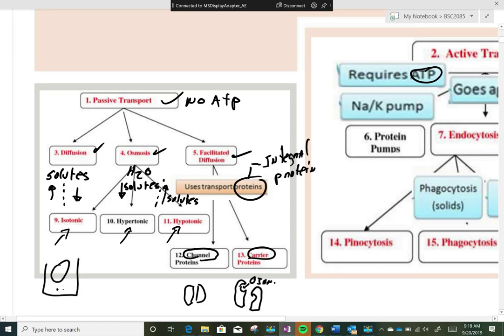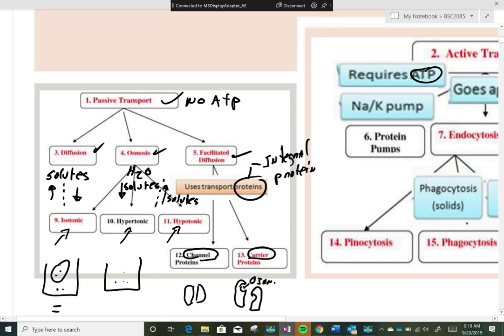Isotonic means that you have the same amount of solutes inside and outside. So what is the net movement of water in the isotonic solution? Iso means what, guys? Equal. Same inside and outside.